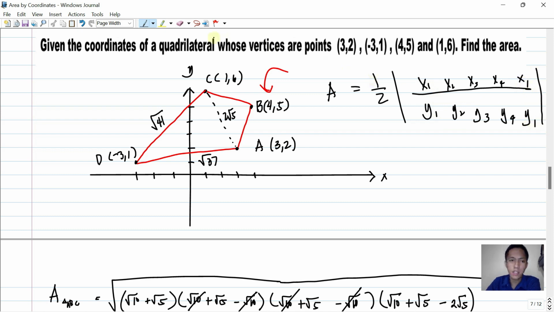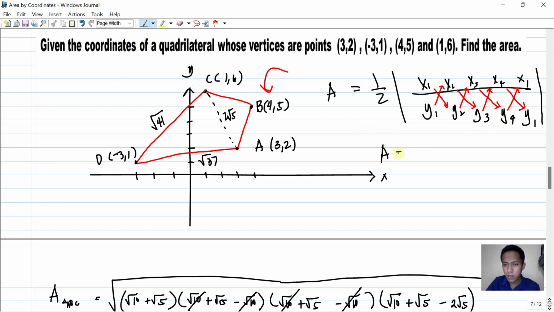So it's 1/2 times the quantity x1 times y2 minus y1 times x2 plus x2 times y3 minus y2 times x3 plus x3 times y4 minus y3 times x4 plus x4 times y1 minus y4 times x1. That's what we'll do, guys.